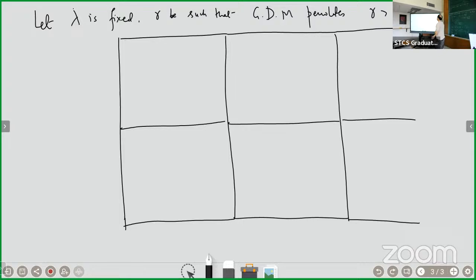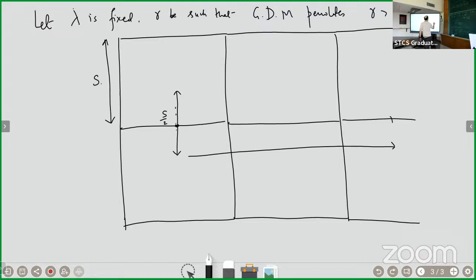I'm going to define the square lattice edges to be open and closed depending on what is happening in my Gilbert's disk model. So the side of the disk is some S. I'm going to look at this edge under consideration.